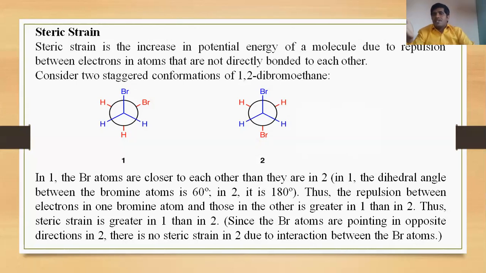Due to the low steric hindrance, the compound has low steric strain. So on that basis, the steric strain in the Gauche conformation is higher than in the staggered conformation. And according to that, which compound is much more stable? Yes, please tell me.